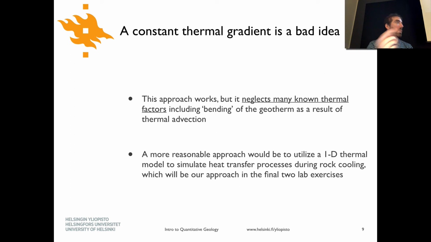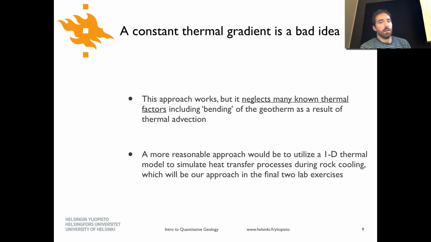But if we use a thermal model, we have to then figure out some way of knowing how the rock cooled in order to figure out when it passed through the closure temperature. So if the rock parcel starts out at 50 kilometers depth and you're eroding at the surface and this rock is moving up toward the surface, we just basically have to record what is my temperature at these different times as I'm cooling down in order to figure out when does the rock go through the closure temperature.